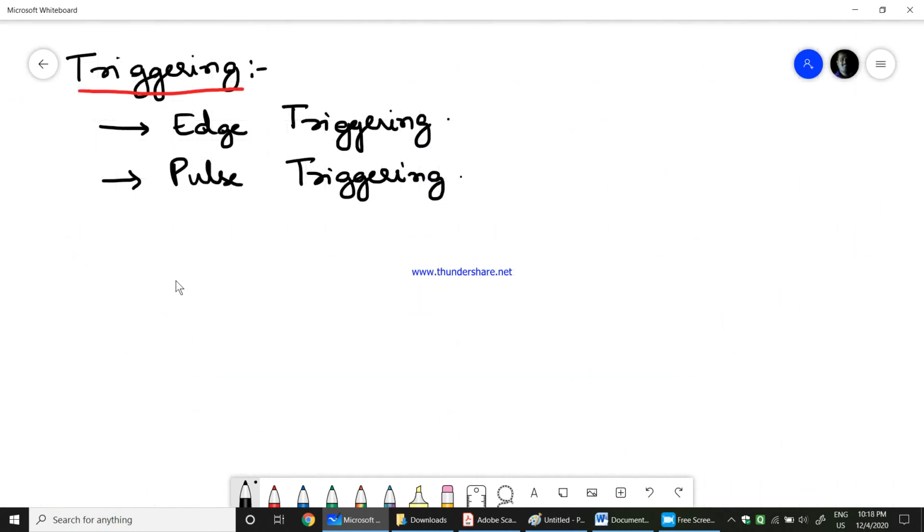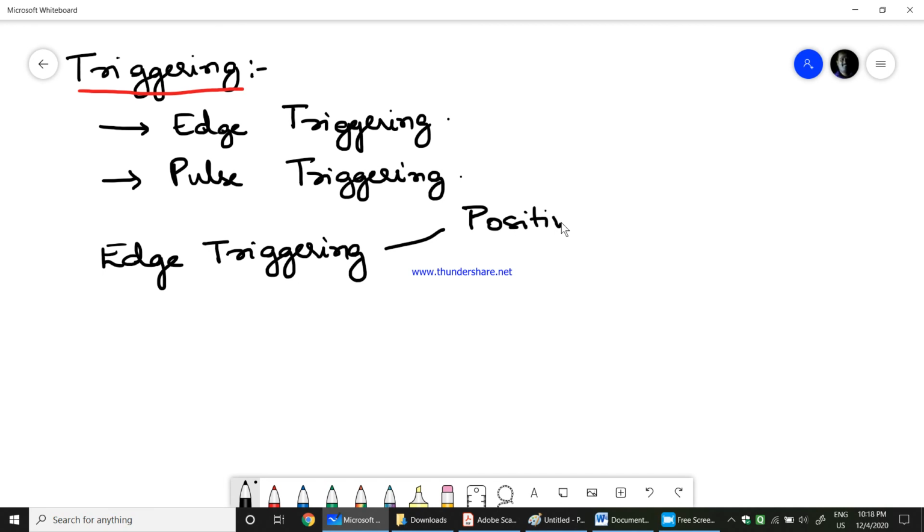Now, edge triggering is of two types. One is positive edge triggering and the second one is negative edge triggering.